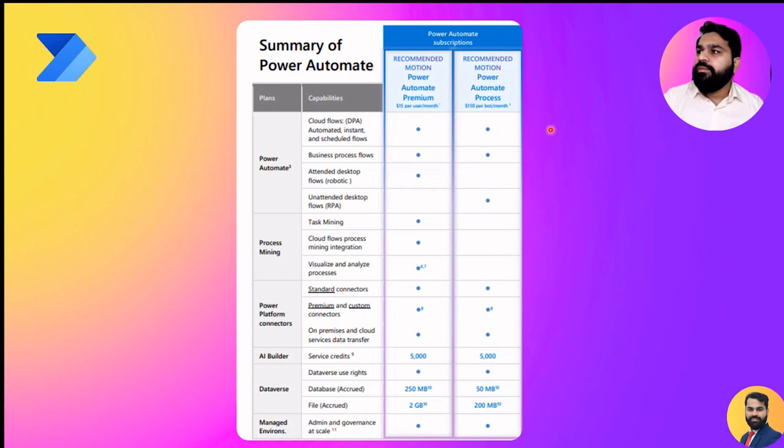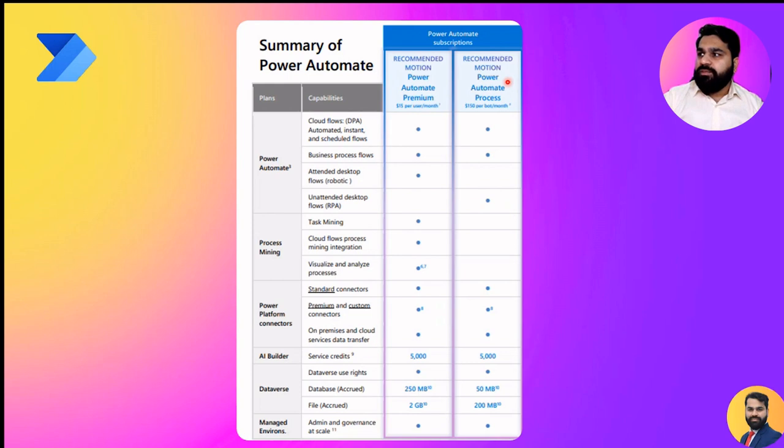Okay, now we will come to Power Automate license. Power Automate licensing subscriptions are majorly of two types. One is Power Automate Premium, which is $15 per user per month. So the highlight point is the user. This is allocated to a user, per user per month, which is $15.